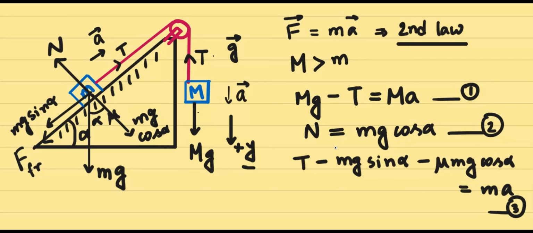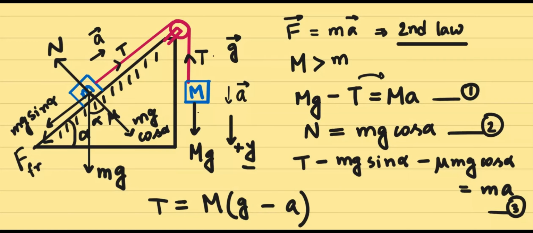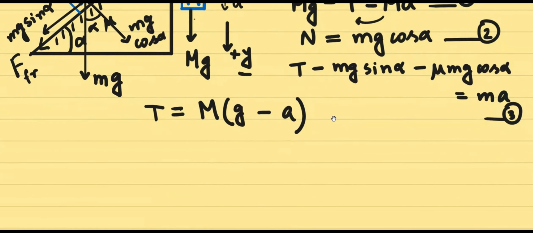So from equation number 1, what we find is T equals M times g minus a. For example, T goes to that side, Ma comes to this side, T loses a minus sign, Ma gains a minus sign. That looks pretty neat, and let me call this equation number 4.